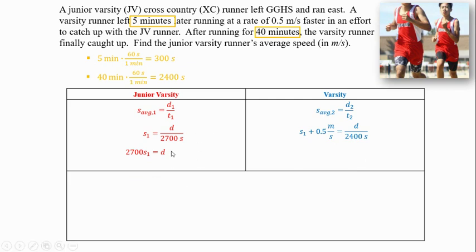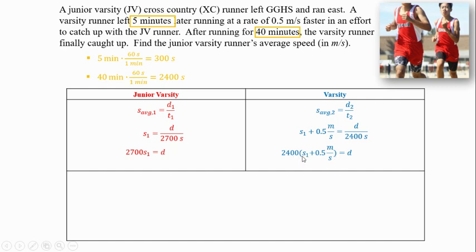On the left side, to solve for D, multiply both sides by 2,700. Likewise on the right side, to solve for D, multiply both sides by 2,400. I encourage you, as you do your algebra, to use parentheses so the algebra comes out properly. Notice I put 2,400 on the outside of my parentheses.